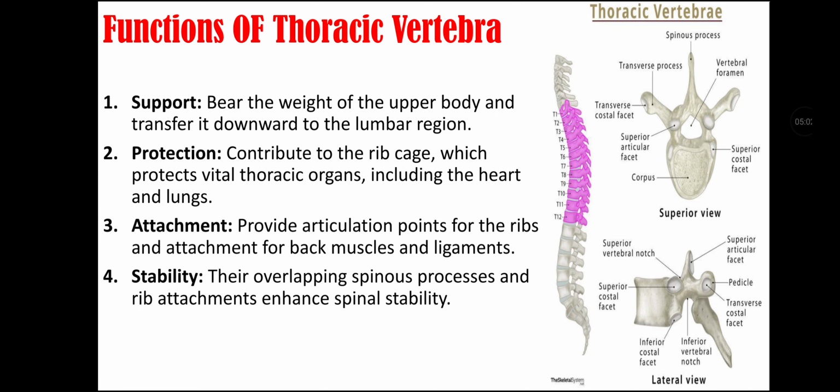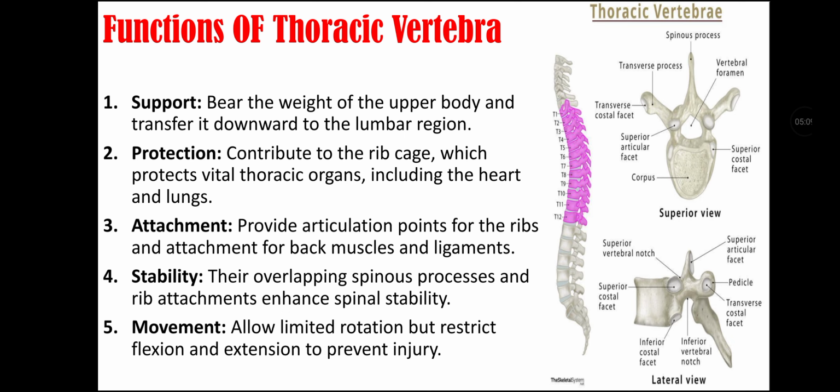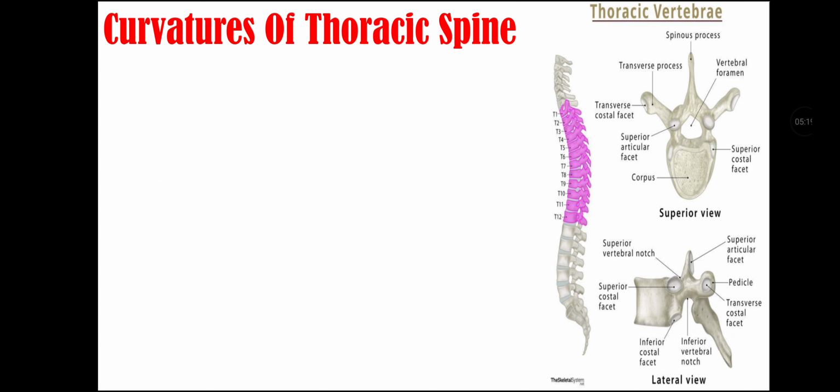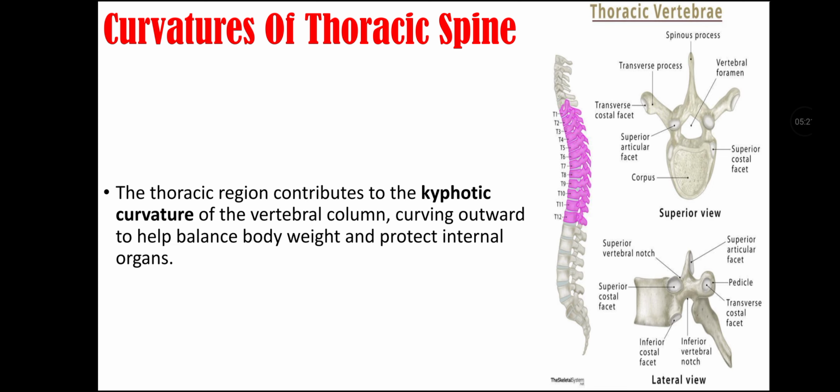Fourth function is stability, as there are overlapping spinous processes and rib attachment that enhance spinal stability. Fifth function of thoracic vertebra is movement, as these vertebrae allow limited rotation but restrict flexion and extension to prevent injury.